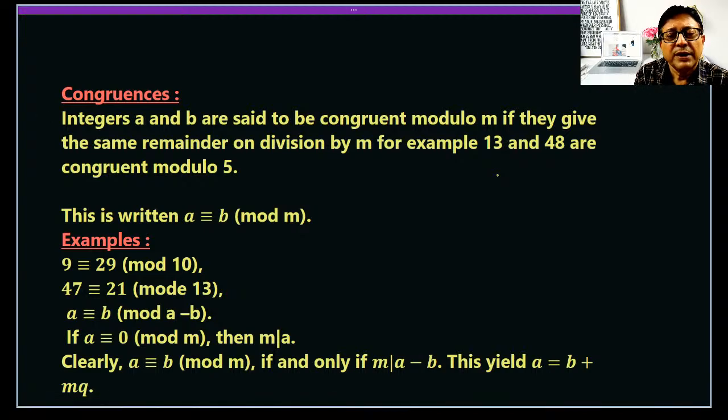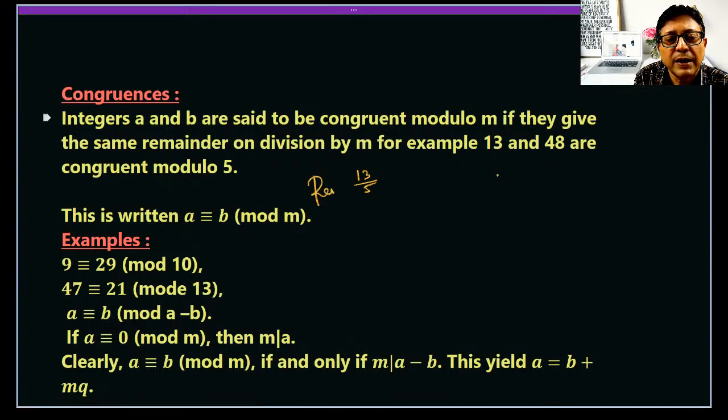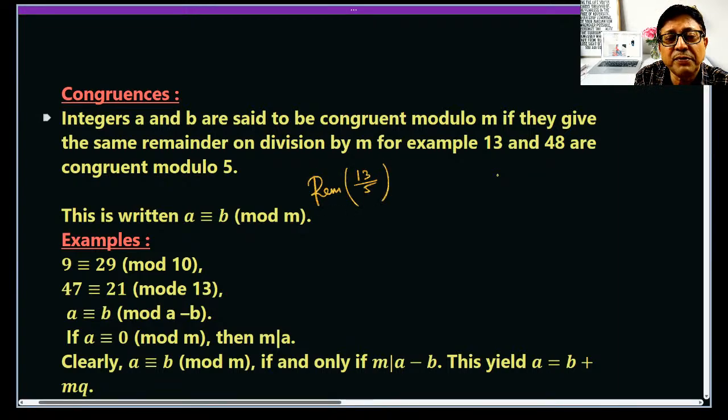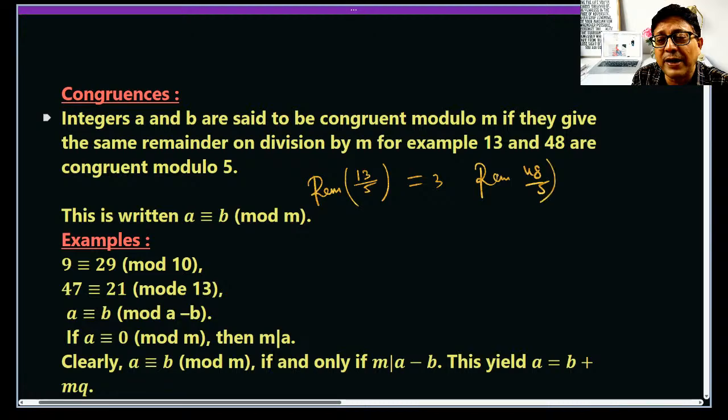Because the remainder when 13 is divided by 5 will be what? 3. And the remainder when 48 is divided by 5 is also 3. You understand?